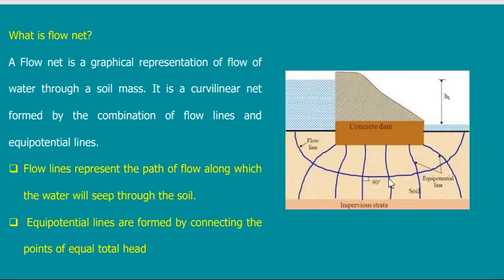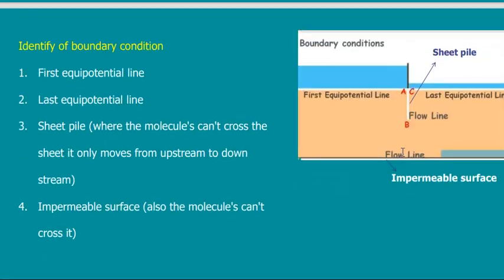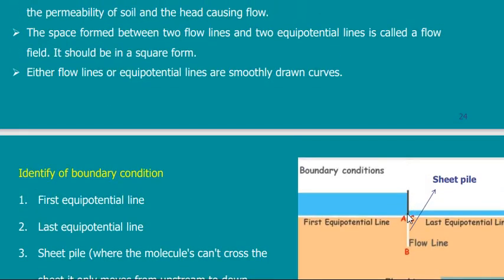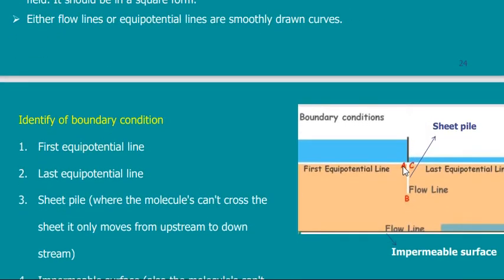This is a flow line, but my first flow line is the first one touching my structure. So if I go here and here and here, this is my first flow line, because water will just pass next to my structure. In this case, if I have a sheet pile wall, then water will go from point A to point B, then to point C, and so this is my first flow line.